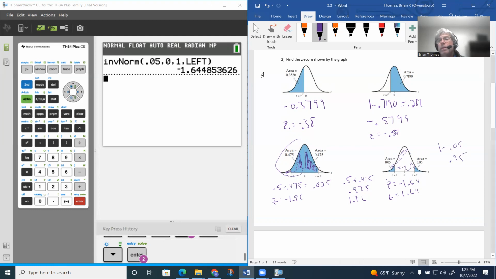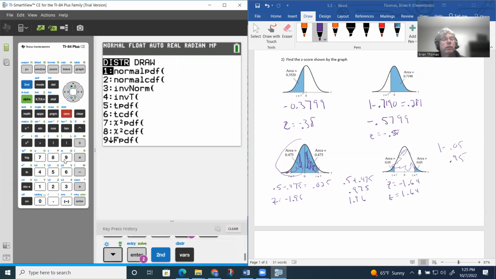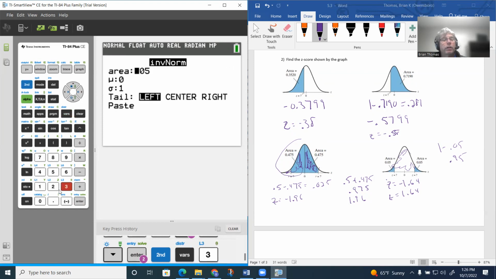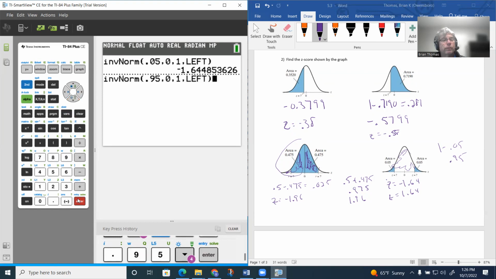That should give me the 1.64 if I did it that way. Because remember, I'm going from the left, not to the right. So second distribution, number 3, if I change it to a 0.95, that should give us a 1.64. And it does. But we can also use symmetry to do those as well. So once we find one, we can identify the other one because of symmetry.